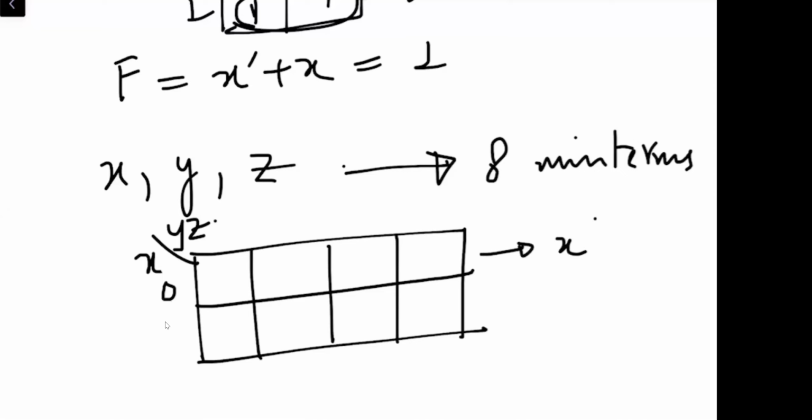Now I have yz over here. So I put y as 0 and z as 0 in the first column. Then I will put y as 0 and z as 1.